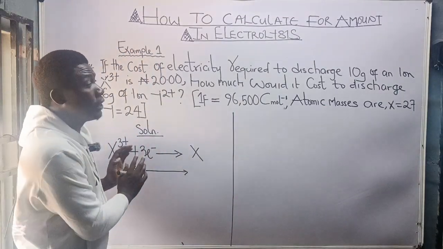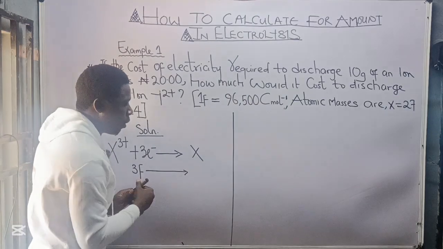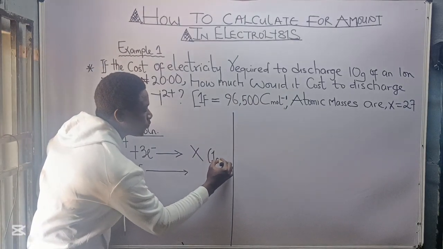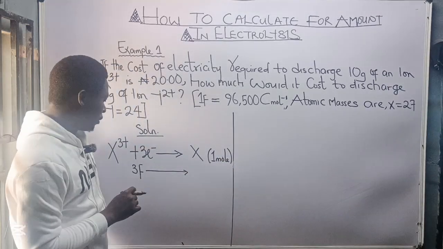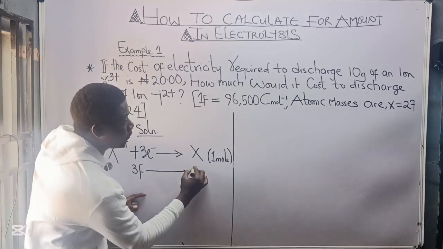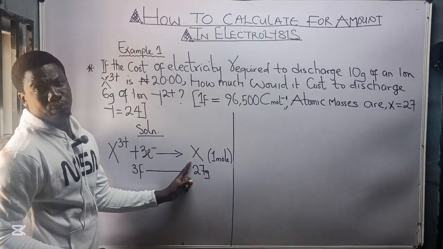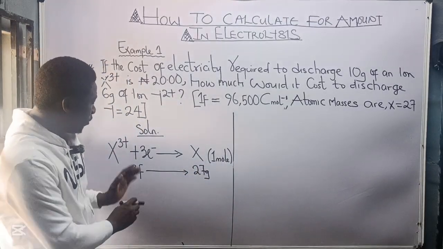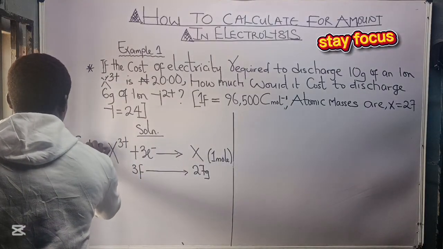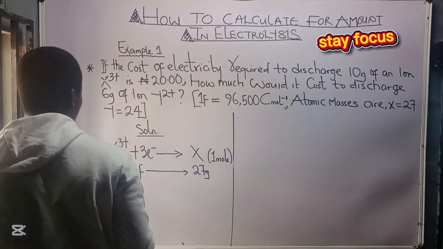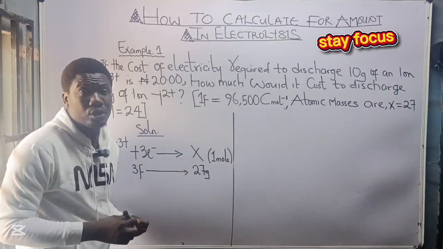So I said we are going to begin with X. 3 Faraday deposit 1 mole of X, and 1 mole is the same as the atomic mass. So we can say 3 Faraday gave us 27 grams of X.